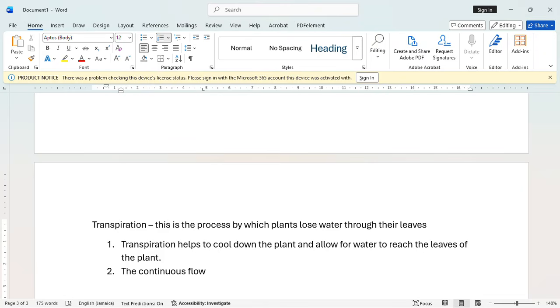So those are the positive parts, because at the end of the day, if it wasn't for transpiration pull, adhesion and cohesion, water would not get to the leaf.